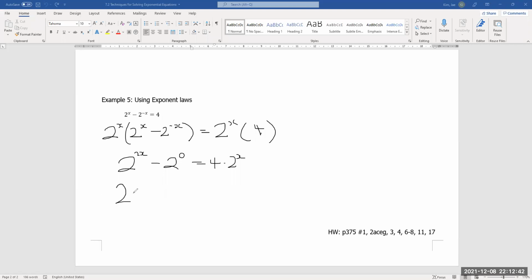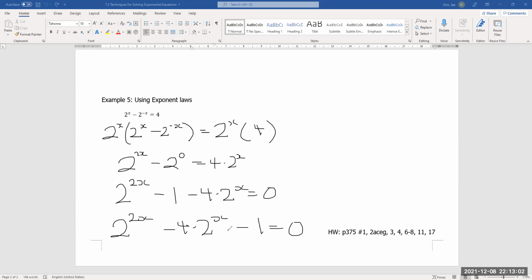So here, I should do an equal sign. The next line is now 2 to the power of 2x minus 1. I'm going to bring this to the other side. Minus 4 times 2 to the power of x equals 0. And if I rearrange it, does it look sort of familiar? I hope so. This is 2 to the power of x, squared, subtract 4 times 2 to the power of x, subtract 1, equals 0. It's exactly the same situation as before.